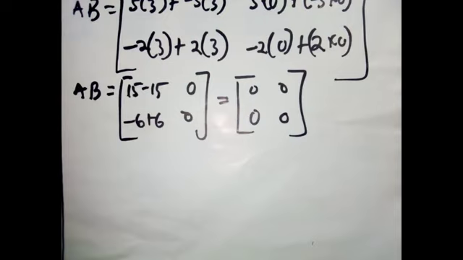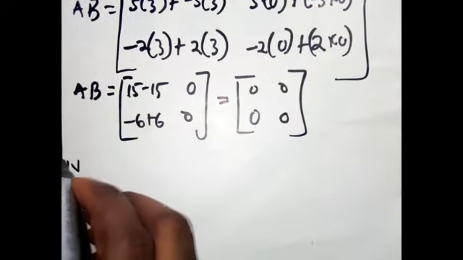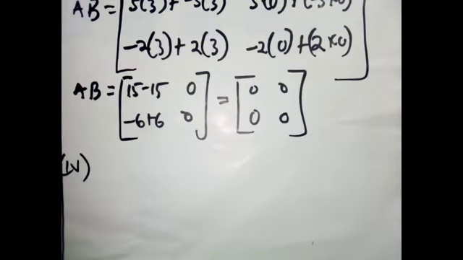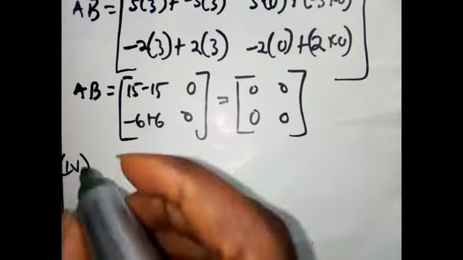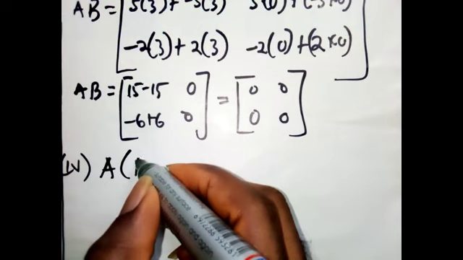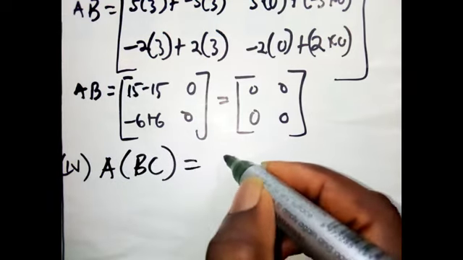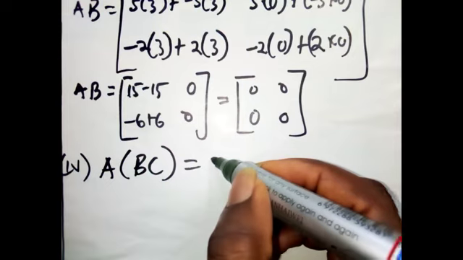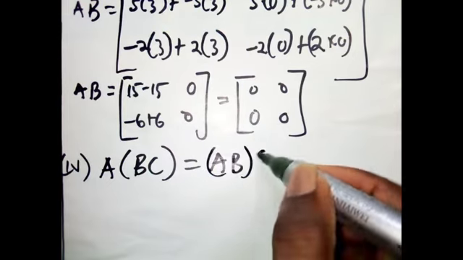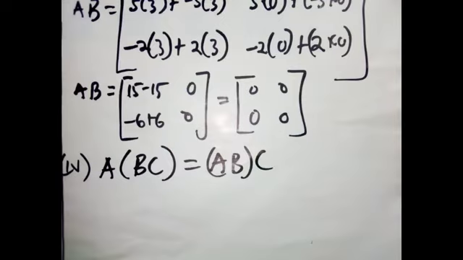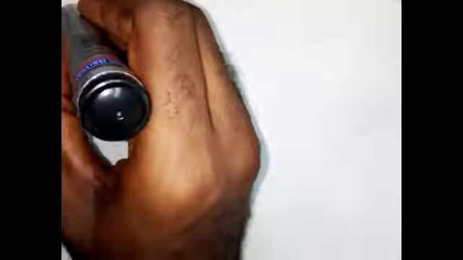Also, we have it that matrix multiplication is associative, so long as the matrices are conformable for multiplication. Also, matrix multiplication is distributive over addition, but not over subtraction.